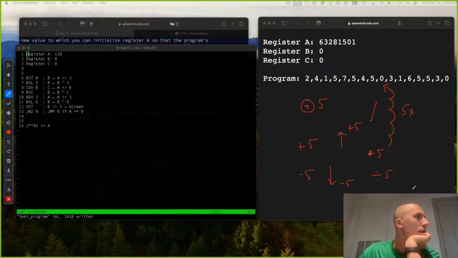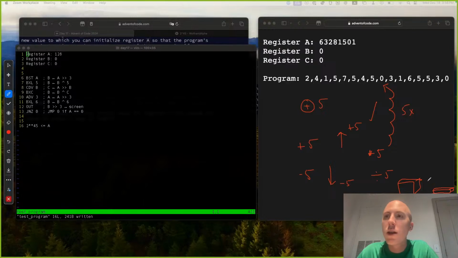It shrinks. It shrinks to a fifth of the size.